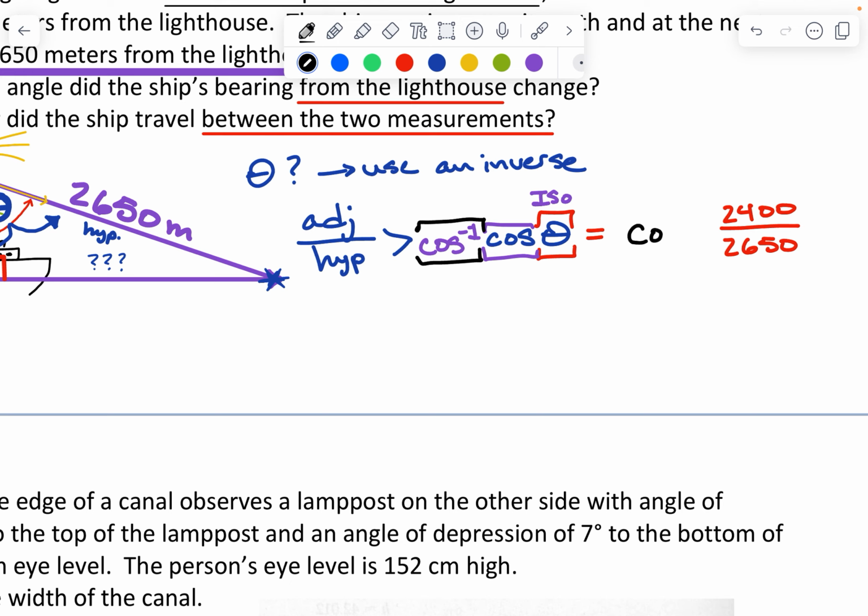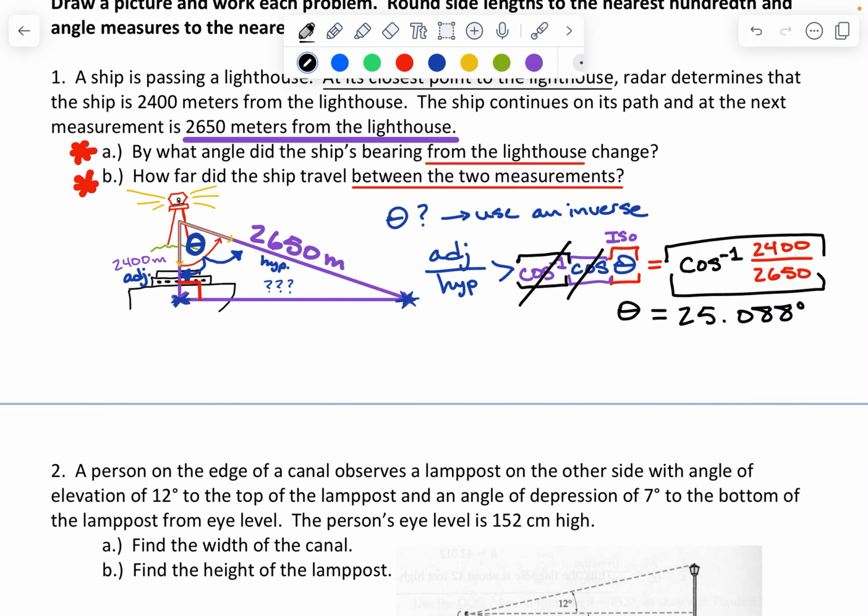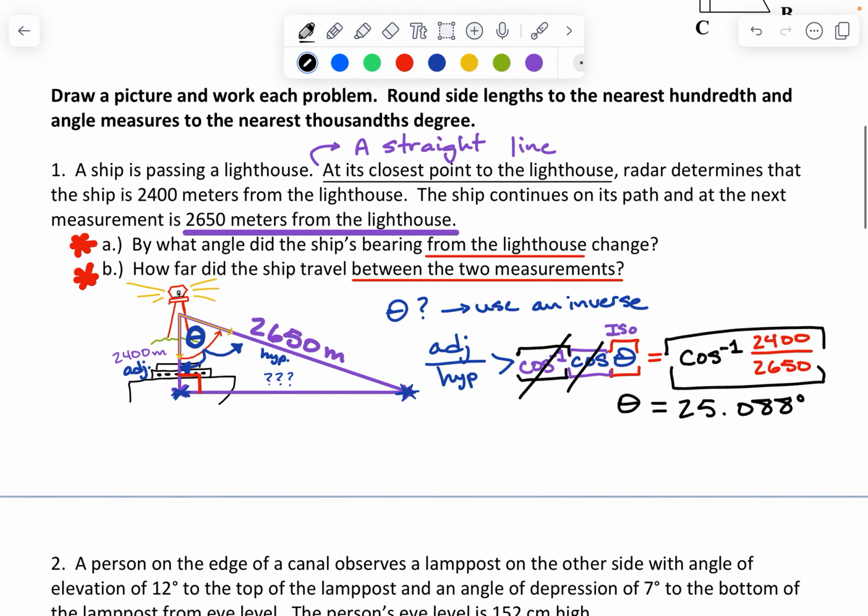And whatever I do to one side, I need to do to both sides. So on this side, these will cancel, and I'm left with theta equals the inverse cosine of 2400 over 2650. And that gives me 25.088 degrees. Now, it's important to go to 3 decimals because that is what we were instructed to do. Round angles to the nearest thousandth.